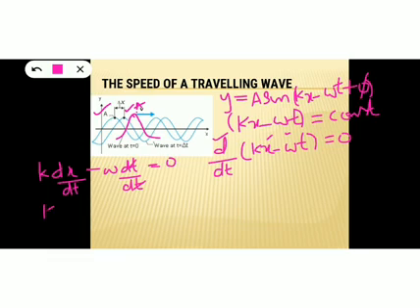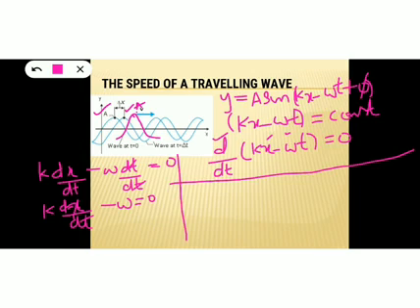So we get k dx/dt - ω = 0. Then take -ω to the RHS, so we get k dx/dt = ω.